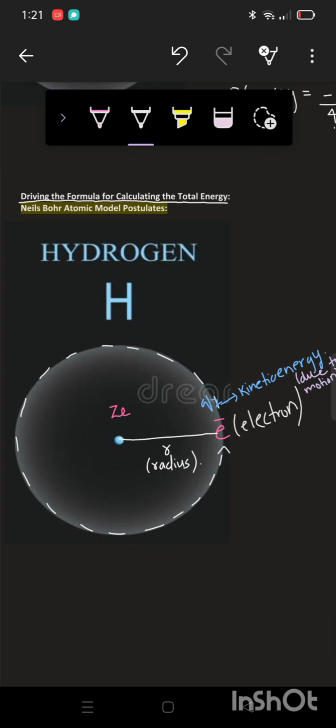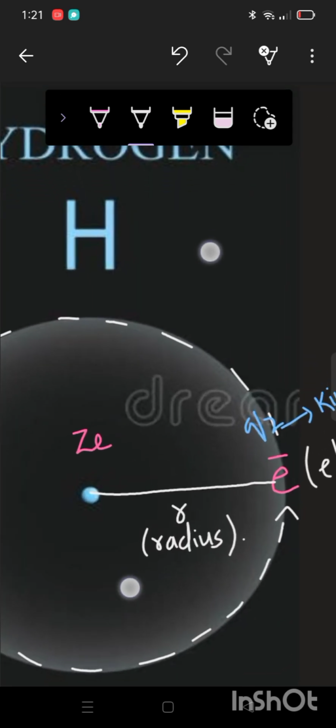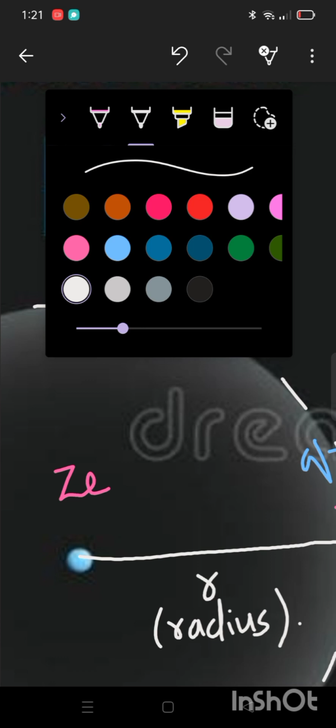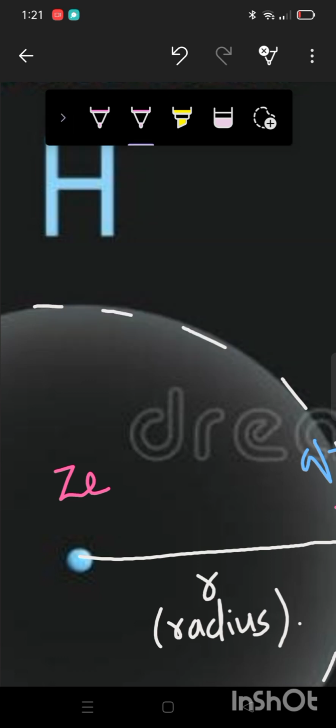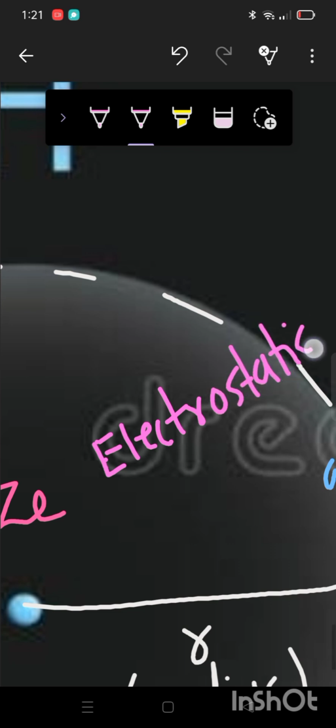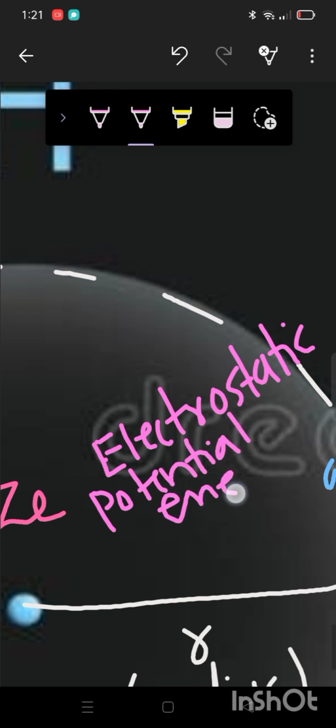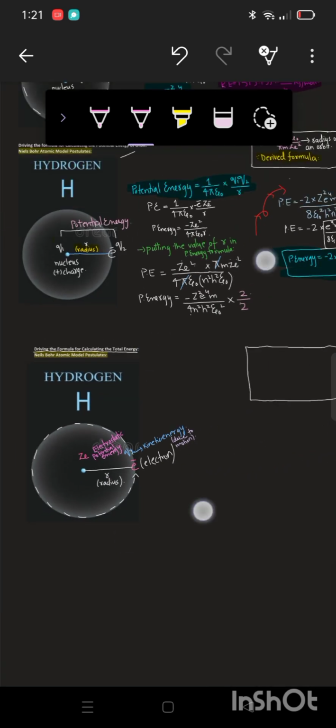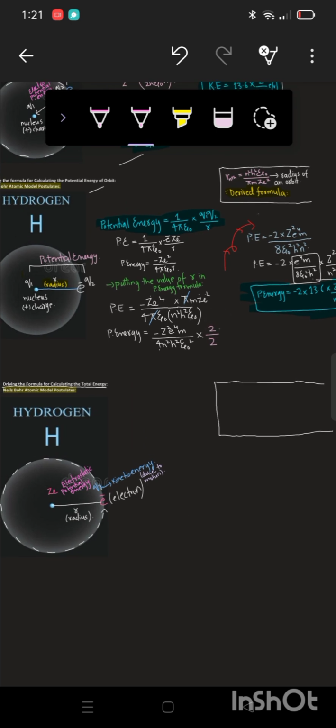There is an energy that exists between these two charges, and that energy is known as electrostatic potential energy, right?